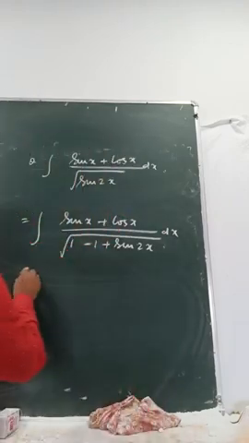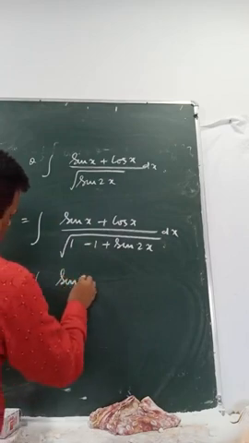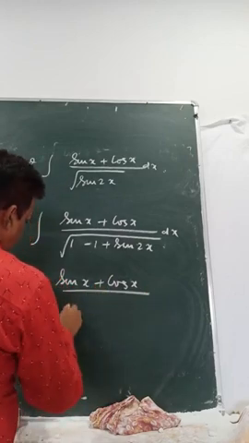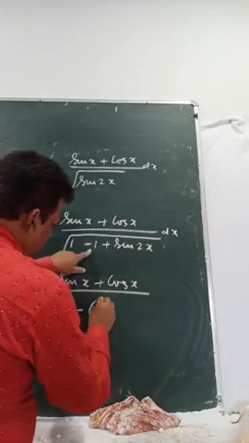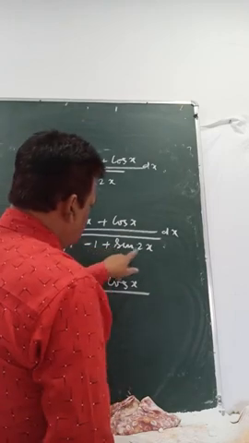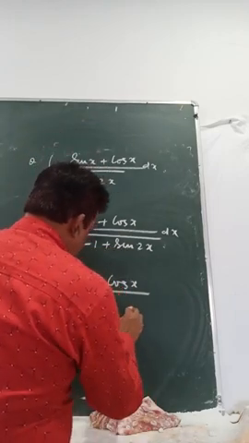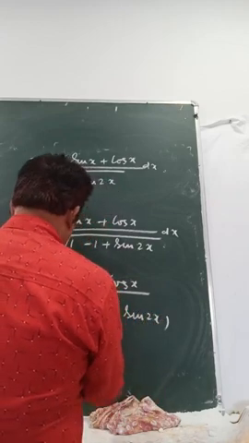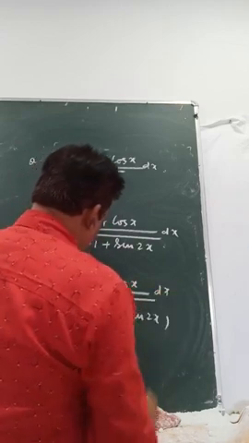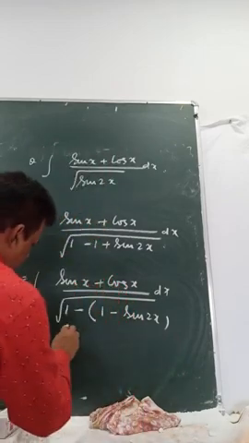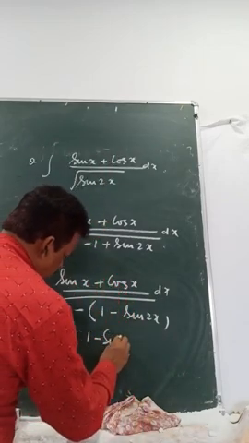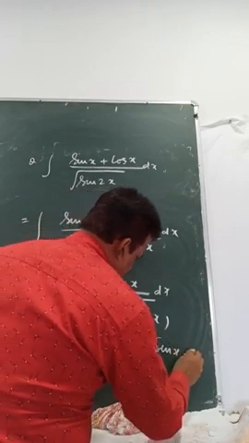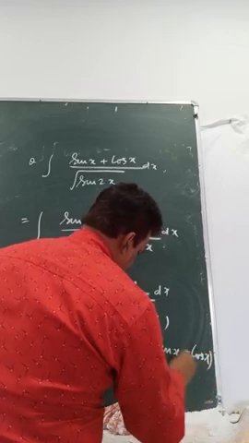Then I can write one more line: sin x + cos x by 1, I take a minus common, this is 1, this is sin 2x. Remember, I have given you this formula. What is 1 − sin 2x? You can also write it as (sin x − cos x) whole square.